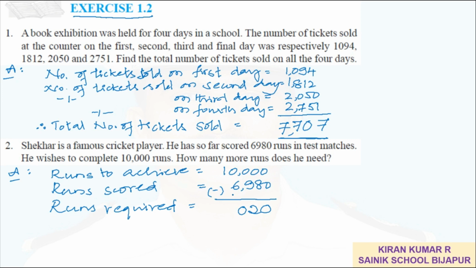And 9 minus 6 will be 3. From 10 we are taking a carry here. This number becomes 10. 10 minus 8 will become 2. Here 1 is removed from 10. It becomes 9. 9 minus 9 becomes 0. From 10 we have given one number. So 9 remains. 9 minus 6 is 3.